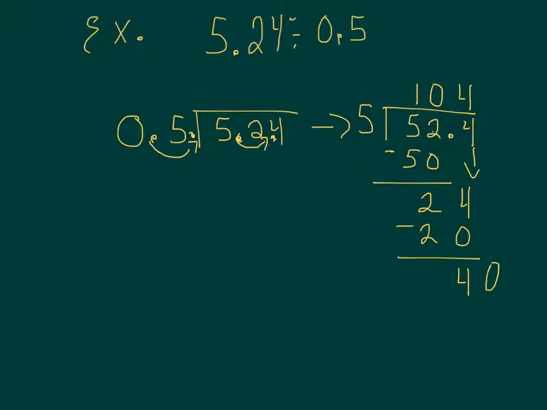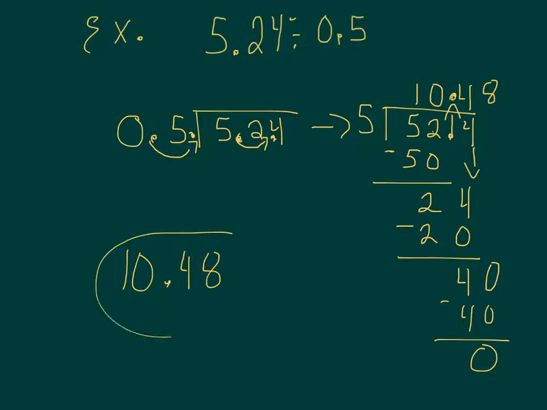So now we ask ourselves, how many times does 5 go into 40? And the answer to that question is 8. We repeat the process again. 8 multiplied by 5 is 40. We subtract it and we get 0. And our final step now is to move that decimal straight up, which gives us 10.48 as our answer.